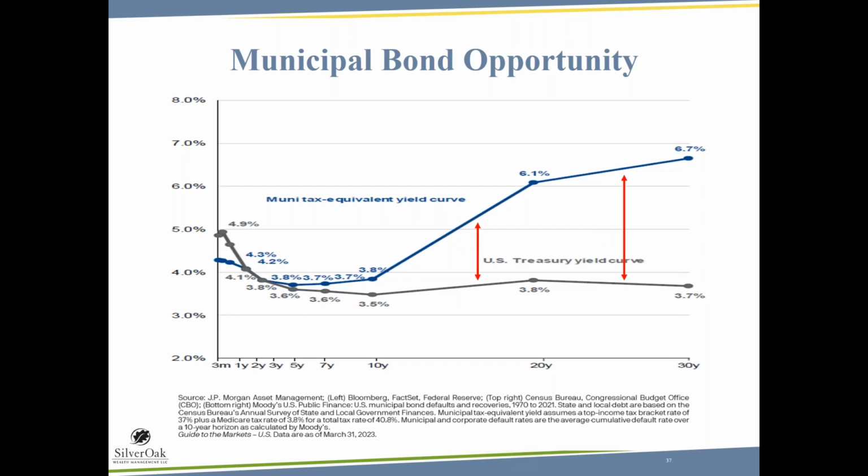So again, the actual yield on the municipal bond is lower, but when you take the fact that you're not paying federal and in many cases state income taxes on it, your tax equivalent yield is very, very high. So on a 20-year, which maybe a lot of people wouldn't know, is 6% roughly, but kind of within that 10 to 20-year period in terms of that duration, you still have very, very attractive yields, and that's where that left arrow that you're seeing is.